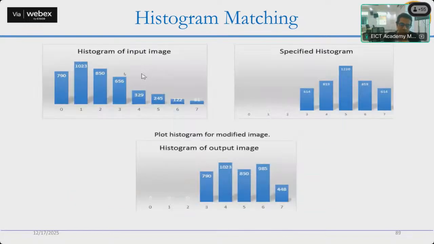This is basically the histogram of the input image. What you can see is that 0 to 7 levels are there. This is 790. This part is there. Then we specified the histogram. This histogram has come out from this one only.